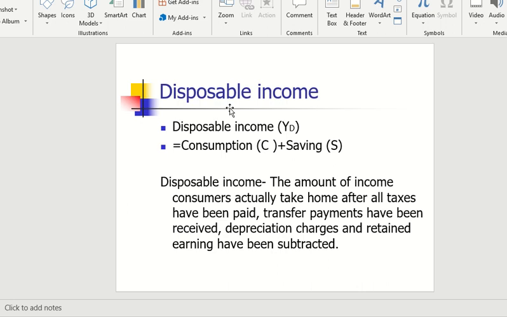So disposable income, for now, let's just use the notation Y sub T. Let's denote disposable income as Y sub T. So disposable income is simply the sum of consumption and saving, because what is not spent is obviously saved.